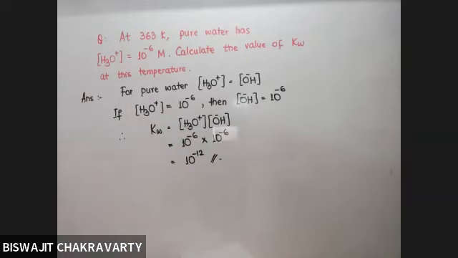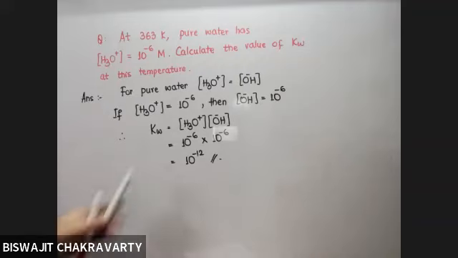Okay. So as I said, temperature to temperature, the value of Kw changes. At 25 degrees Celsius, it was 10 to the power minus 14, but here it's not 25 degrees Celsius, it is something else, which comes out to be 10 to the power minus 12.